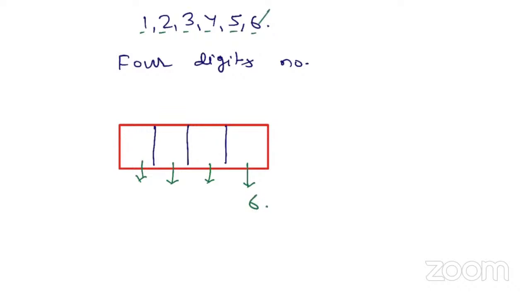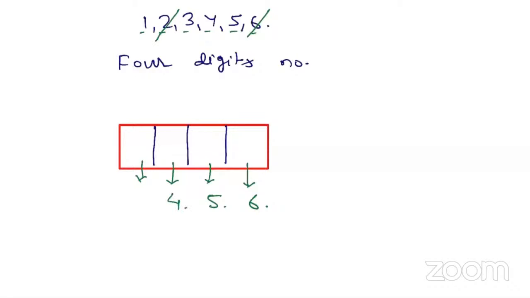I have written like 6 or 5 or 4, any one number I wrote, right? So now for 10th place, how many options do you have? 5 options, right? Now I have taken number 2. Now for 100th place, how many options do you have? 4.